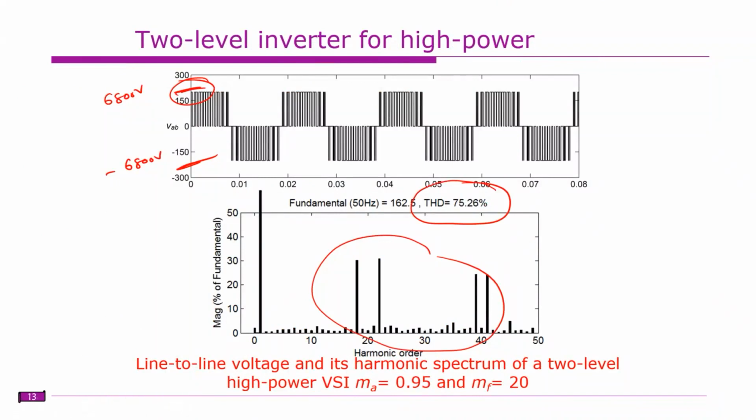Another thing is that to make this sinusoidal, you require a large capacity filter. The voltage rating is high, so eventually you need to connect large values of L and C. So the filtering requirement is also high, and when L and C are high, the size also increases.